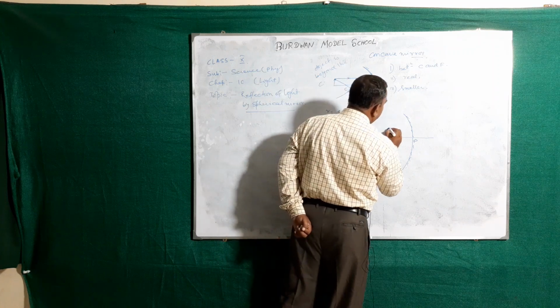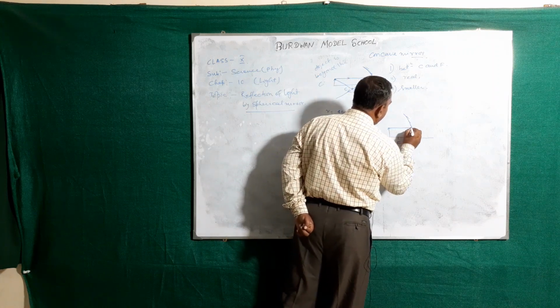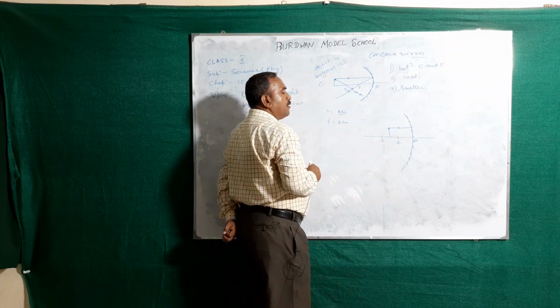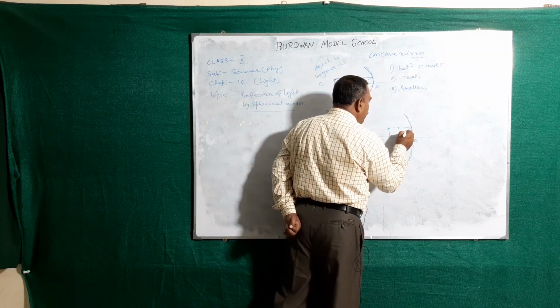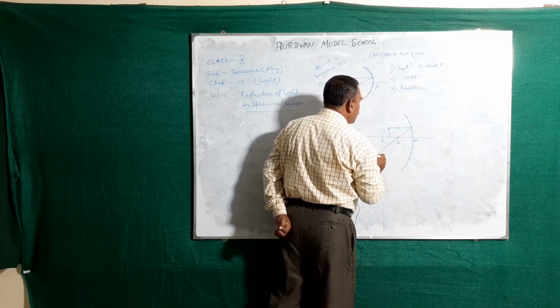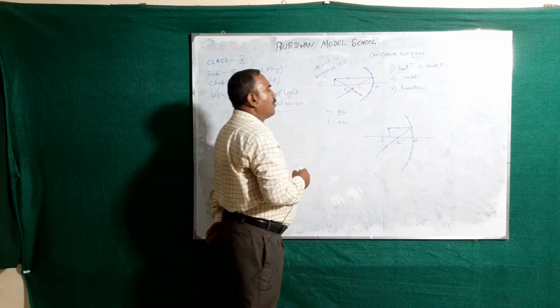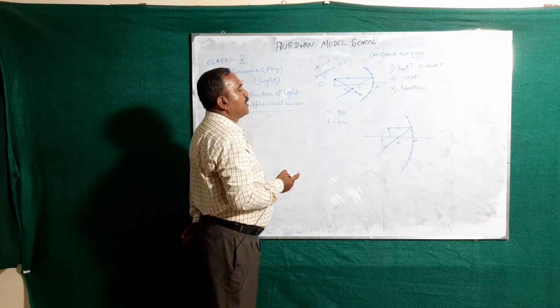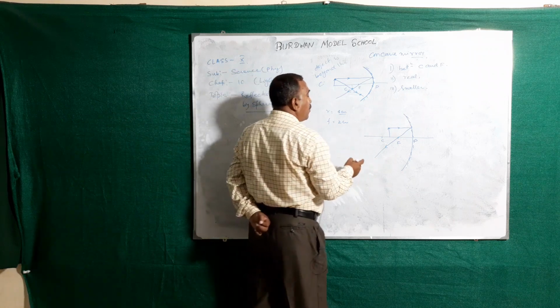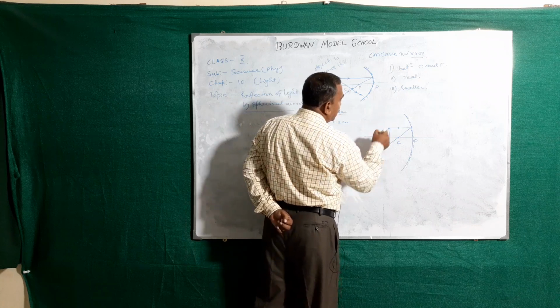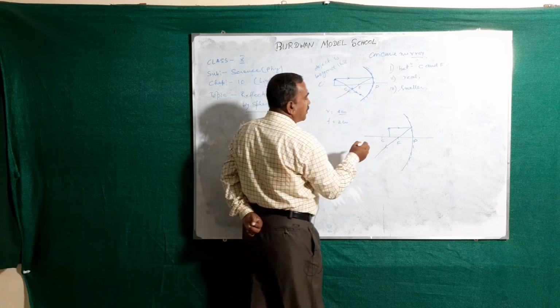You draw it with the help of your knowledge. A ray parallel to the principal axis, the reflected ray will pass through the focus. Okay? If the incident ray passes through the focus or the C, it comes back again along the same path.